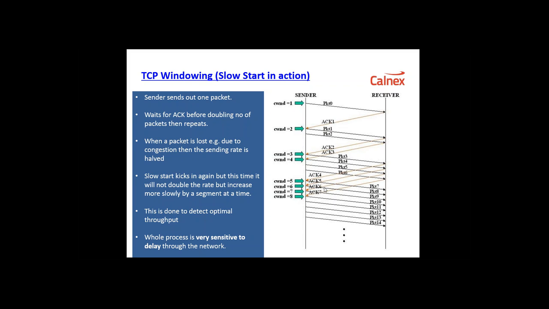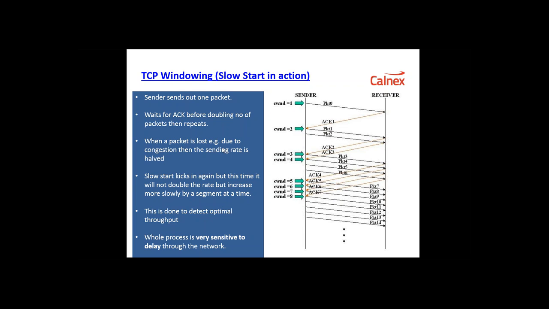And of course, once that transmission bandwidth is exceeded, or there's too much latency in the ACKs coming back, then TCP decides that I've now exceeded the available bandwidth, and then it reduces the transmission rate.